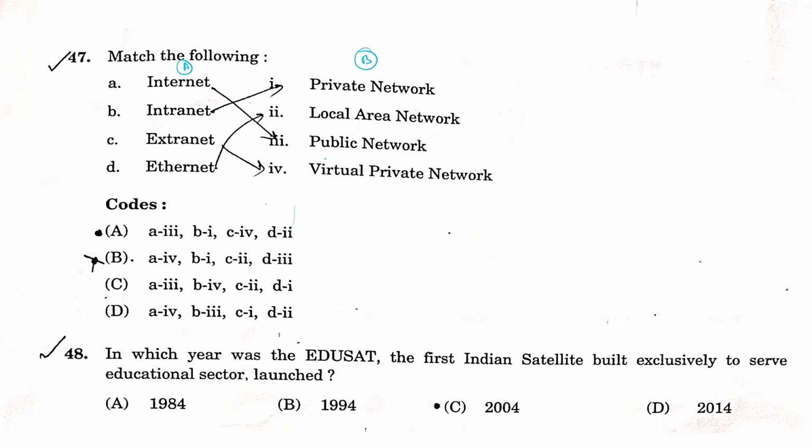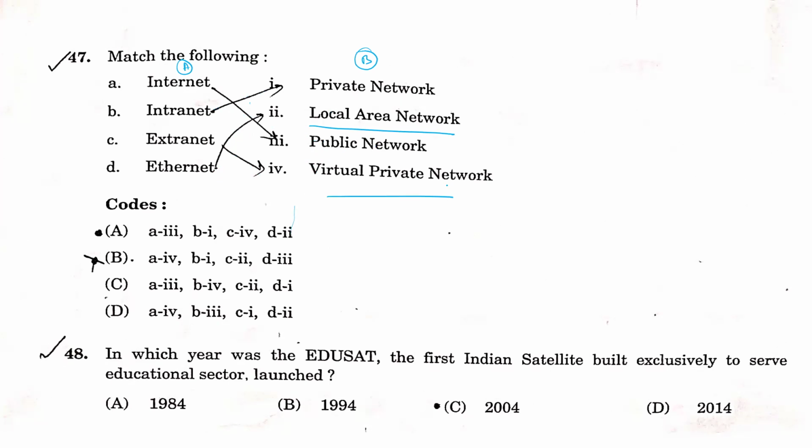Internet is what? Public network. Then intranet is private. Intra is private. Ethernet is local area network. And extranet is virtual private network.